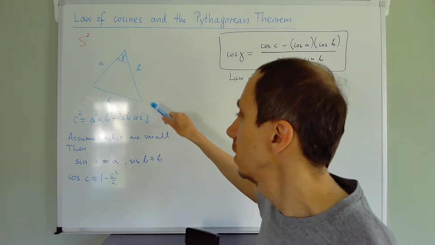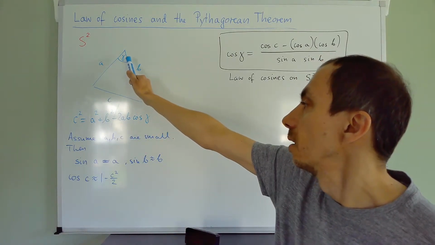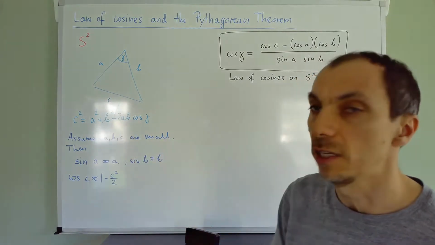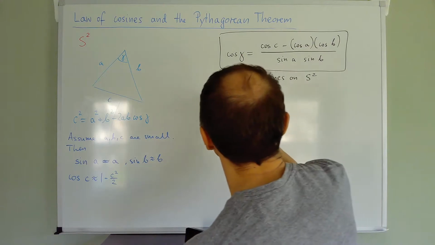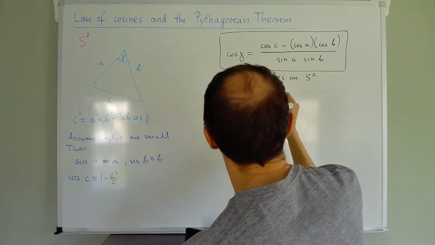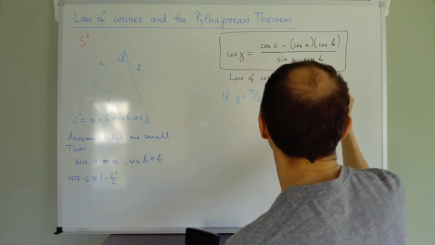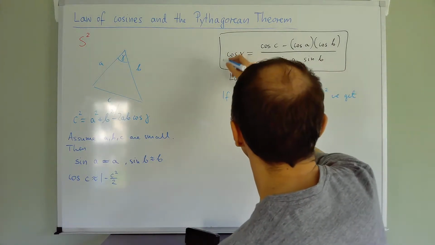If you look at this, you get the Pythagorean theorem when gamma, this angle, is right. In this case, cosine gamma is 0, so you just get c squared equals a squared plus b squared. So what happens if we set gamma to be the right angle? Then on the sphere, we get this is 0.